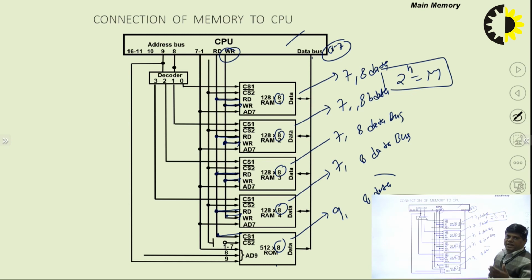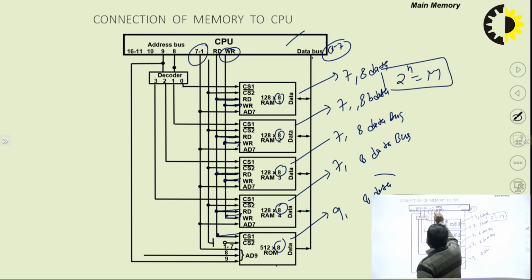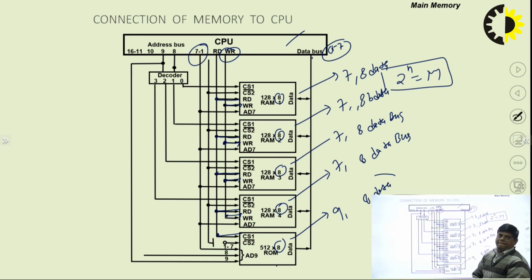Now next step, data lines and address lines. The data lines I have already connected, 8 data lines. The next part is the address lines. In the RAM chip, how many address lines are represented?